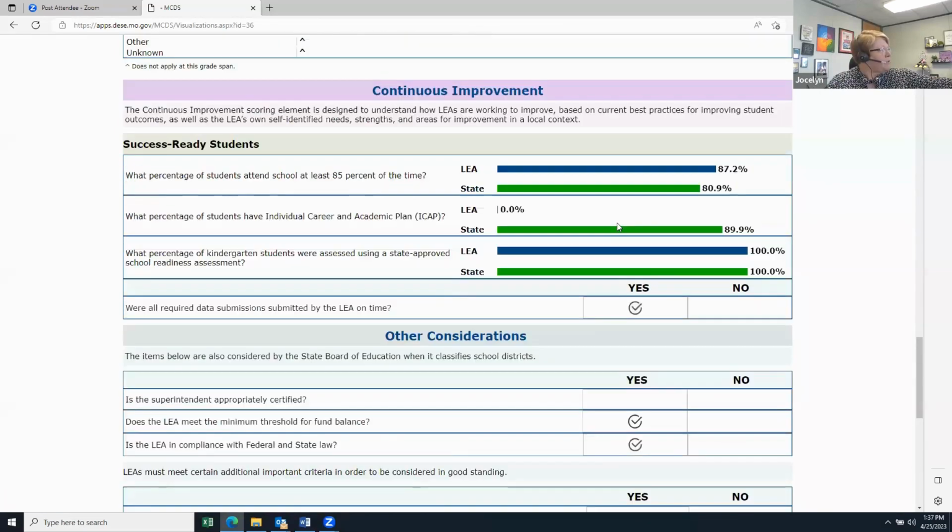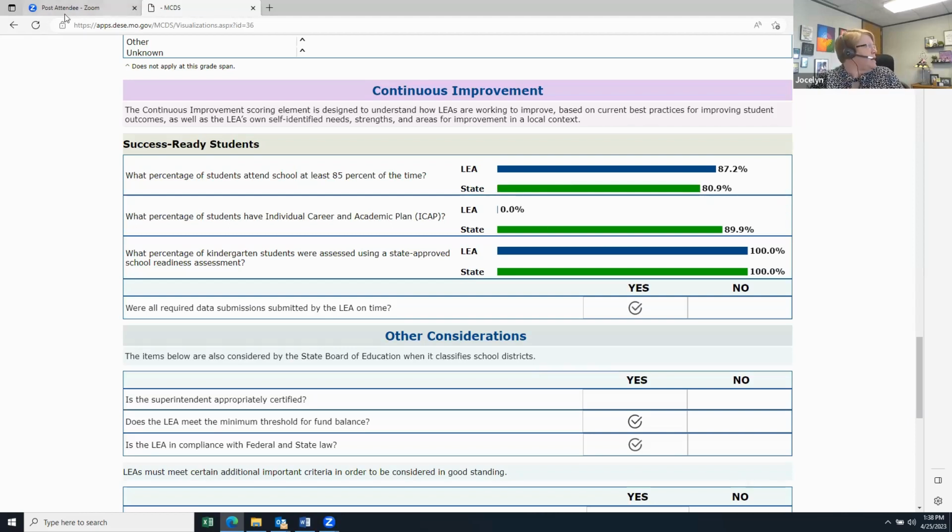In between are those other things that we talk about: attendance, the ICAP, and, if you're an elementary building or district with kindergarten students, the kindergarten entry assessment. Then there are the things we look at in terms of classification. Did the school comply with state statute? Do they have an appropriately certified superintendent? Do they meet the fund balance requirements? That's what you see in this version of the APR.